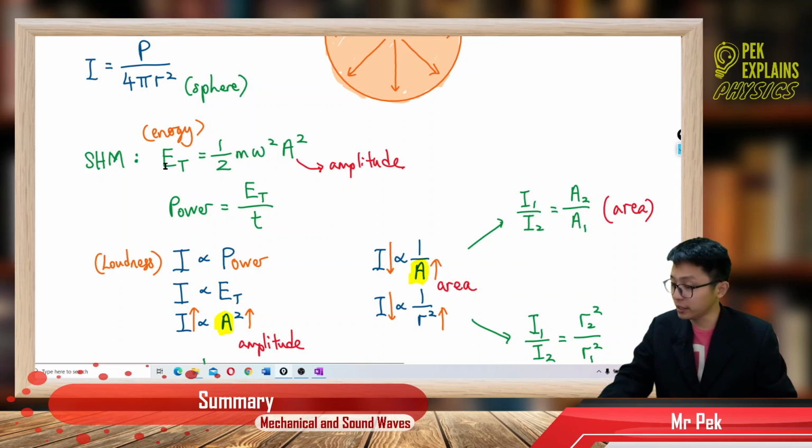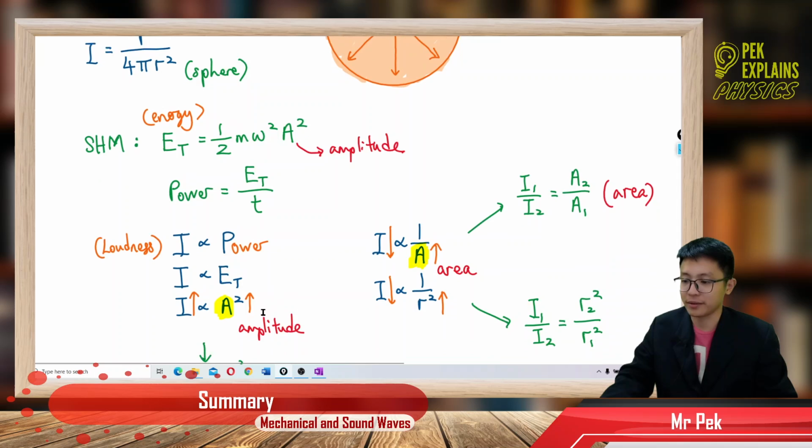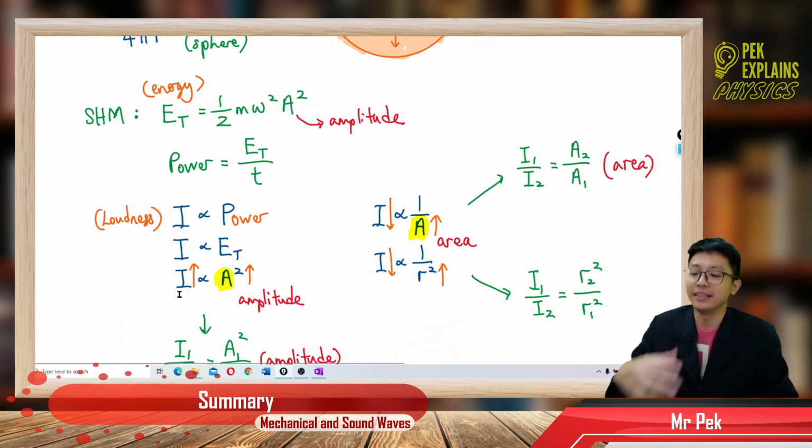And total energy is half m omega square amplitude square. So the total energy can also be represented by the amplitude square. So intensity is proportional to amplitude square.